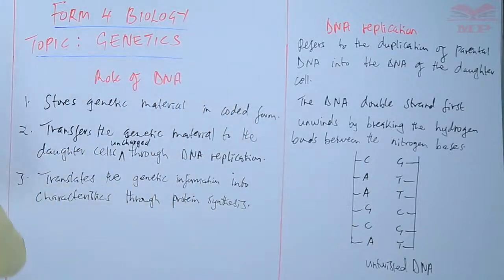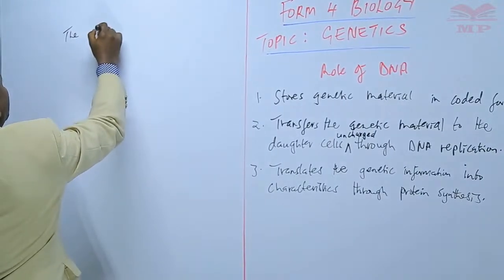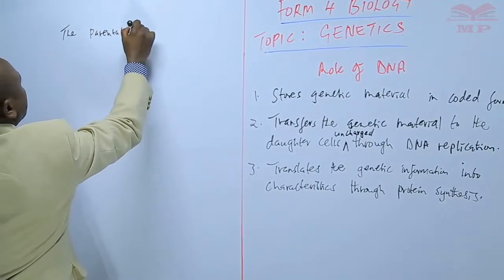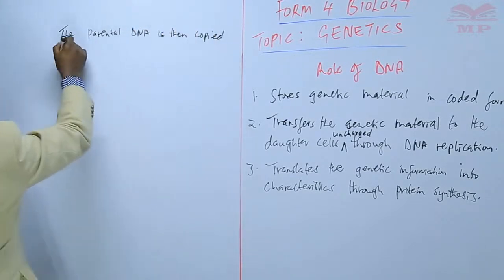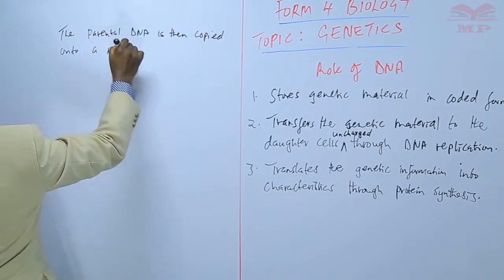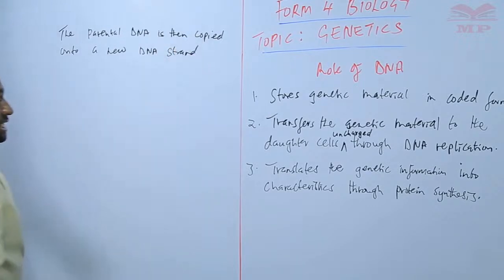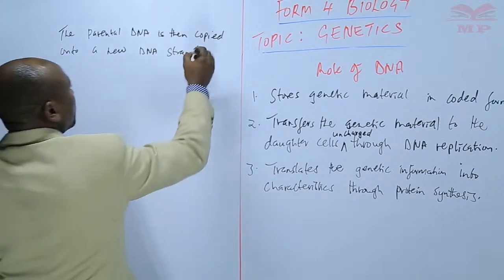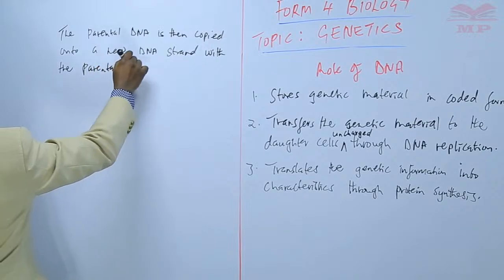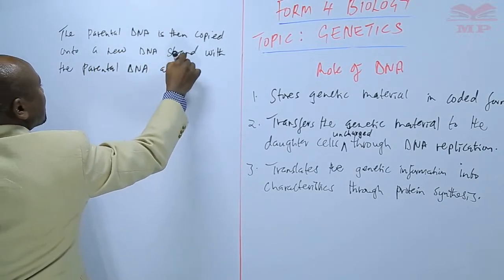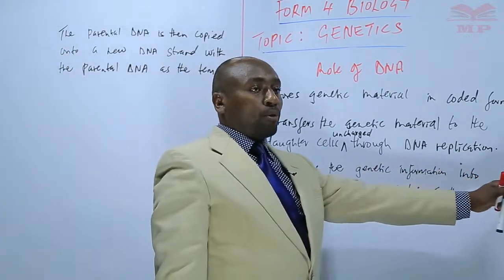So we are saying the parental DNA is then copied onto a new DNA strand, that is a daughter DNA strand that is being formed with the parental DNA as the template. It is the one that guides what will be the component of the new DNA.